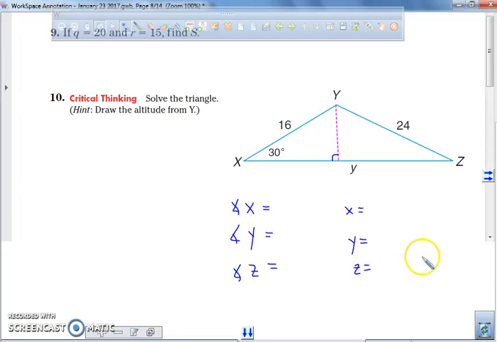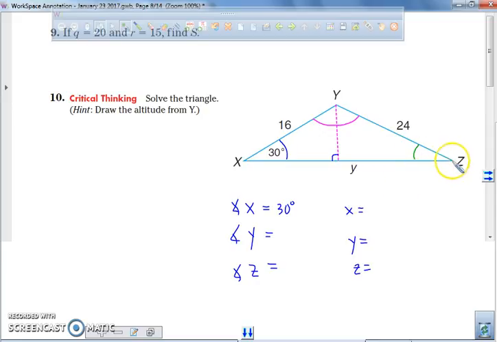Now, angle x refers to this angle right here, so we're going to call that 30 degrees. Angle y, everybody, goes from here all the way across. And angle z goes right in here.